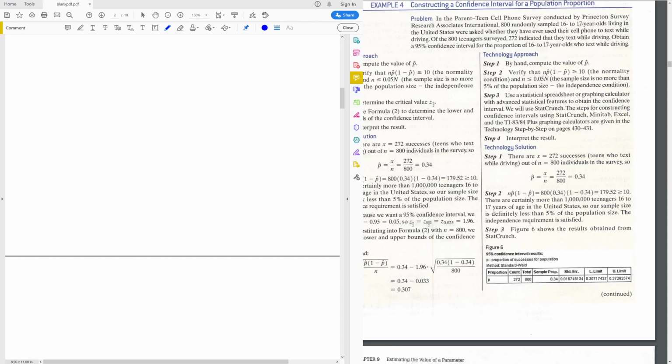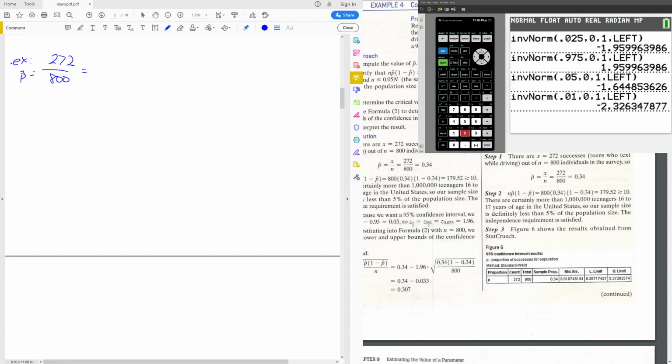Okay, so what we have here is we have 272 out of 800. And so this is going to be our p hat. This is our point estimate.